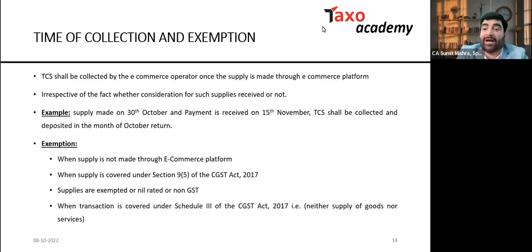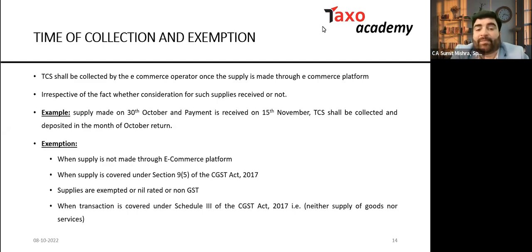Like for example, I have a shop, I have some products and I've created my portal. Now I'm selling through my portal. So it's not an e-commerce operator. It's not an e-commerce platform. It is just displaying my product over the website. So I cannot say it's an e-commerce operator supposed to be subject to the collection of TCS.